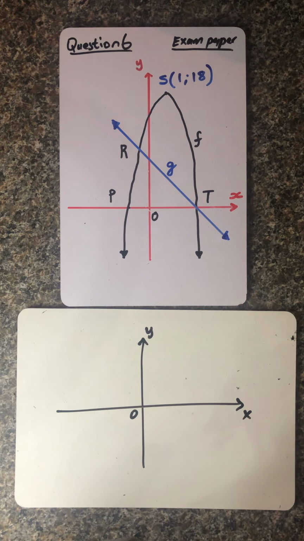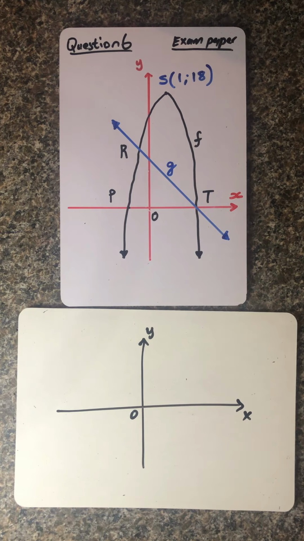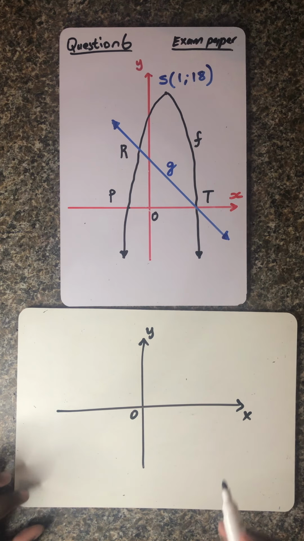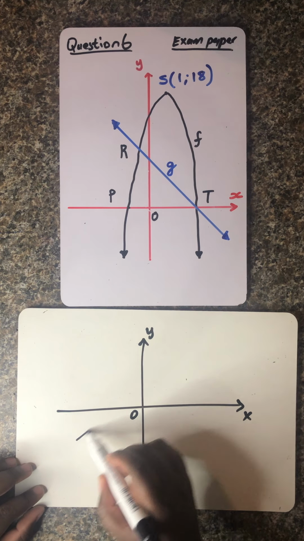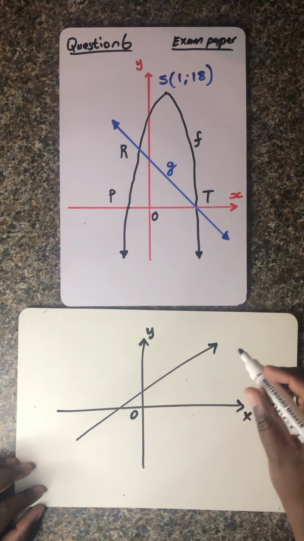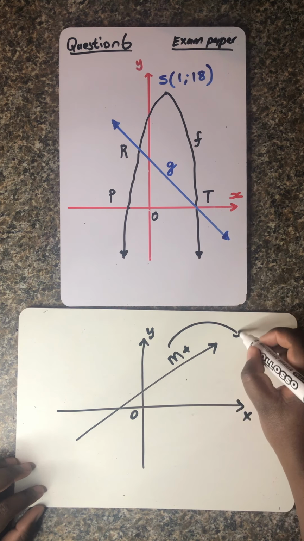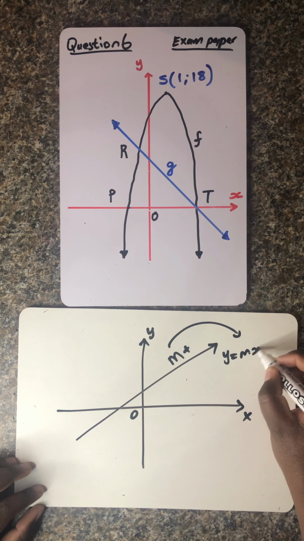What I'm explaining to you now is way more important than me answering upcoming questions, because you need to understand this information so that you can tackle any question related to a straight line combined with a parabola. If you have got a straight line in that direction, what I want you to notice is that m is positive. What is m, guys? m is the gradient.